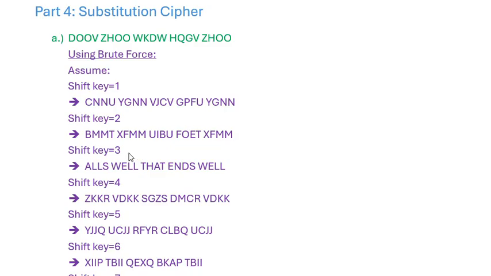When shift key is equal to 3, we are getting this. Now this is a meaningful text because you can read this: all's well that ends well, right? Shift key is equal to 3, so D will move towards the left 3 times, right? So here D, so 1, 2, 3, so I, and likewise it continues for other letters.